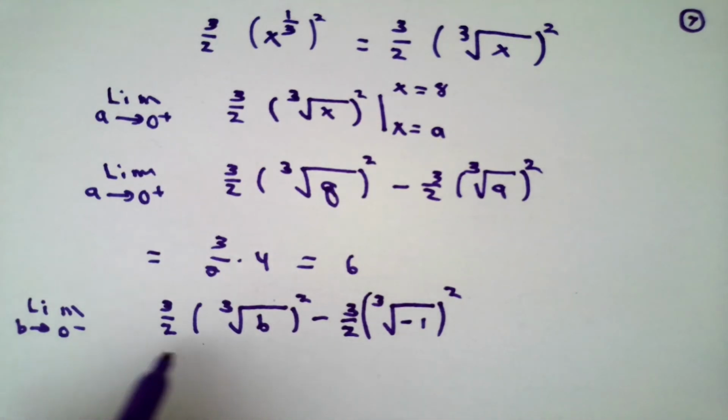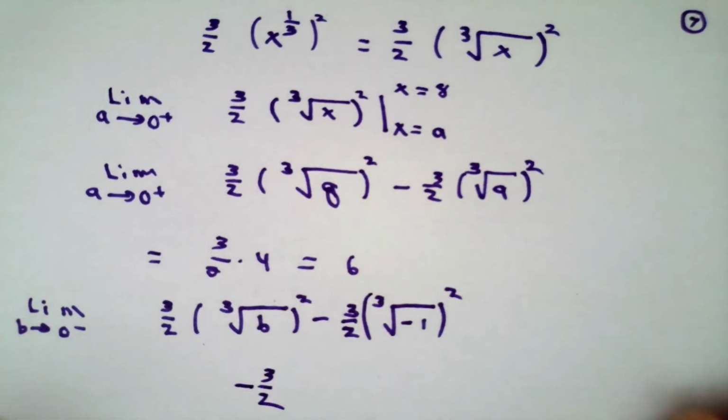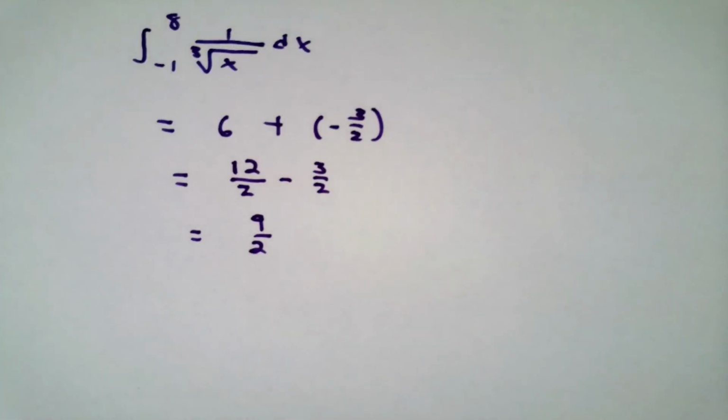The limit of this first piece, as b tends to 0 from the negative side, is 0. So this limit converges as well and is equal to -3/2. As a result, the value of the integral is 9/2. The integral converges to 4.5, if you'd like to put it that way.